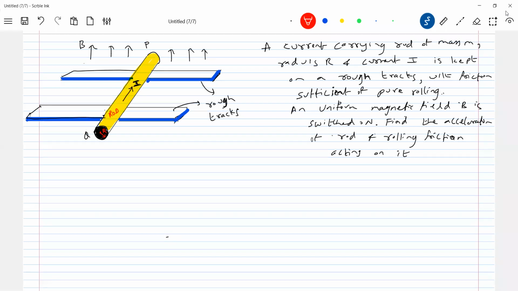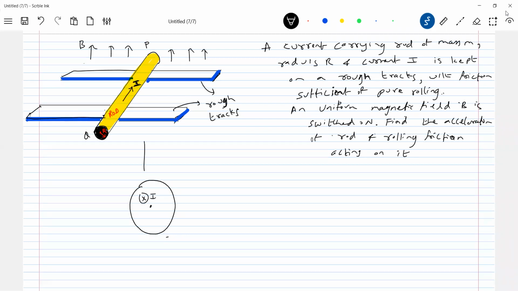Now look at the rod. It is kept in a uniform magnetic field. What is the direction of force it will act? The force will act towards the right. If I show only the plane view, this is the plane view. The current here will be into the plane throughout the conductor.